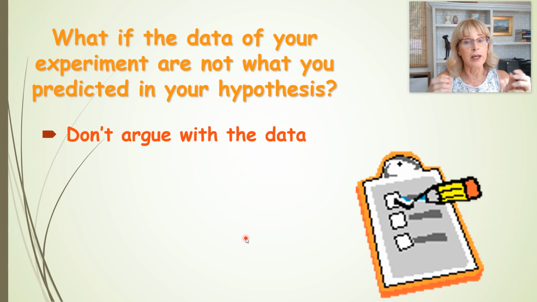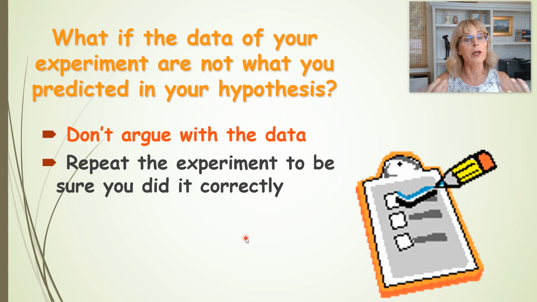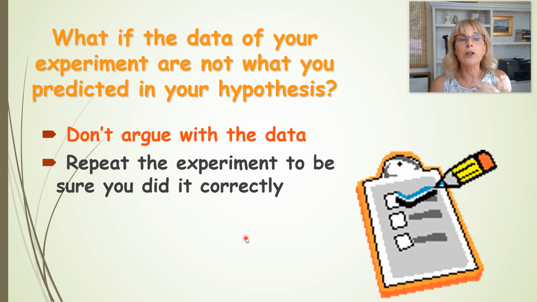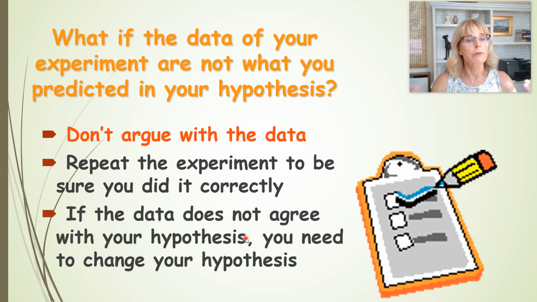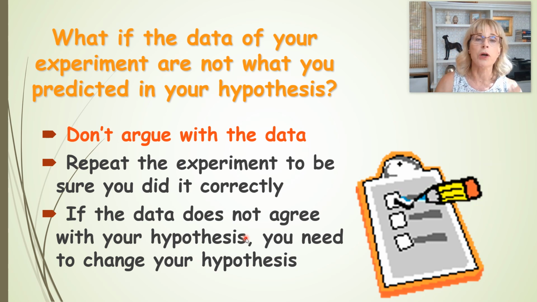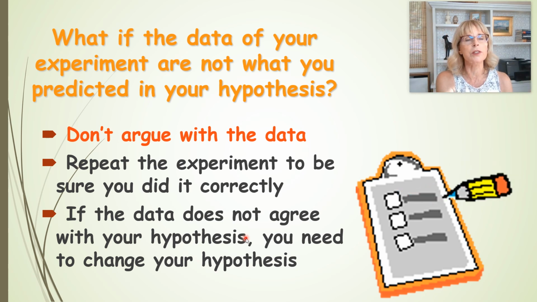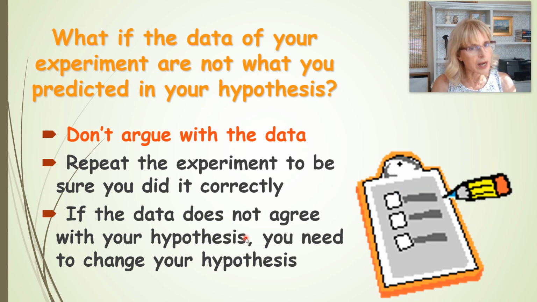But once your data is there and it says no, for example, more light does not make the plants grow faster, then you need to reevaluate your hypothesis, okay? So you don't argue with the data. If it contradicts your hypothesis, repeat it once to make sure you did it correctly, but then you need to change your hypothesis. Technically, if it contradicts your hypothesis, you need to reject your hypothesis, and then you say, well, what next? What's your next hypothesis?